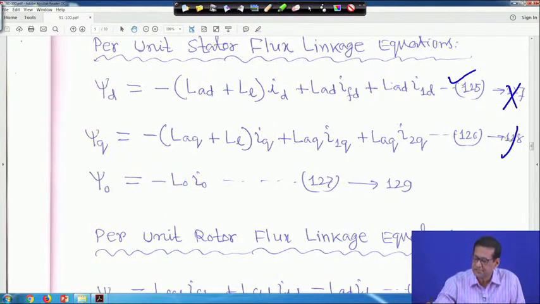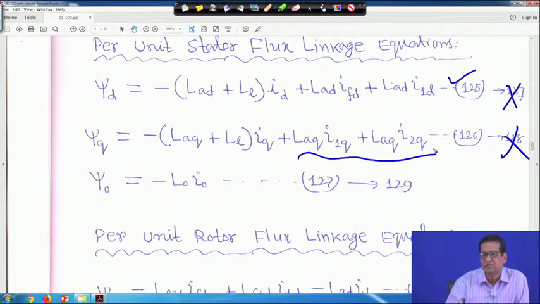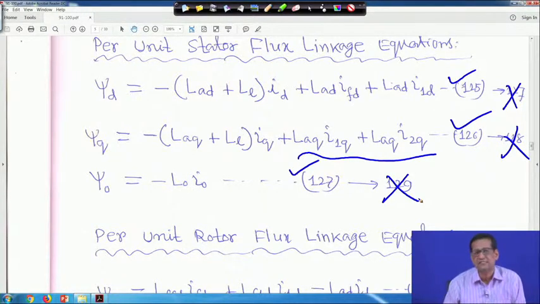Similarly, psi q is equal to minus in bracket LAQ plus LL IQ plus LAQ I1Q plus LAQ I2Q, because these two terms are coming, since in the q axis we have chosen two amortisseur windings. This is equation 126, and psi 0 is equal to minus L0 I0. This is equation 127. You should not see this equation number.